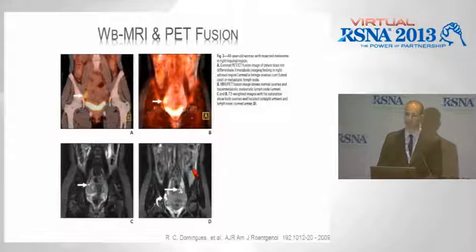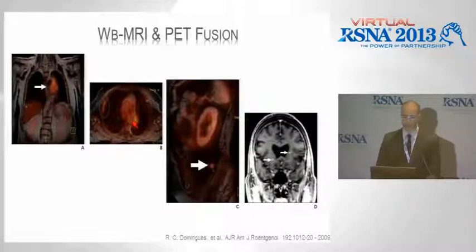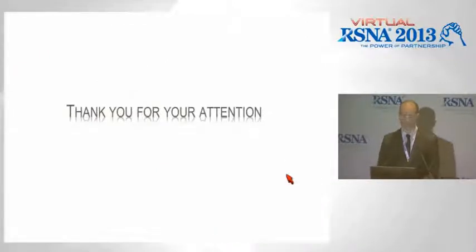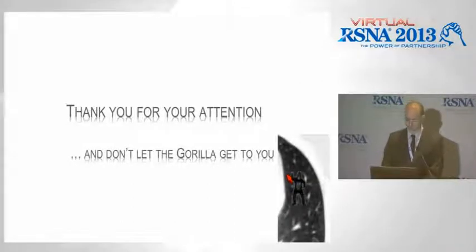You can use the MR morphologic sequence quite nicely, as in this case, to find the lymph node metastasis adjacent to the ovary and make sure that it's actually the lymph node metastasis and not the ovary showing up on the PET part. They also showed in various other metastasized diseases, again, that detecting lesions in the brain is really the strong side of whole body MRI. And with that, thank you for the attention, and watch out for the gorilla.